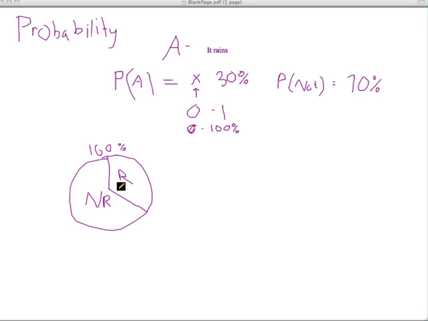So the combination of one thing and not that thing will always add up to 100, right? So it's either going to rain or it's not going to rain. There's no other option. So P of A plus P of not A equals 1, or 100%.